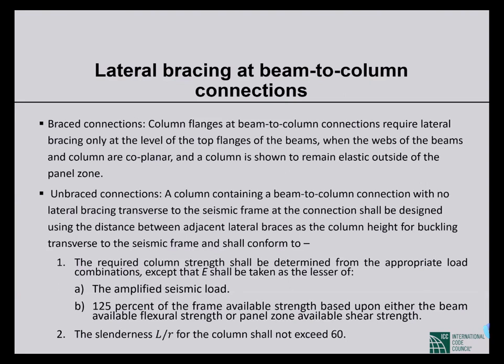So in other words, column capacity must be at least 125% of the panel zone shear capacity or the beam capacity. We'll design in that way. If we design with amplified seismic load, then the capacities must conform to this limit.